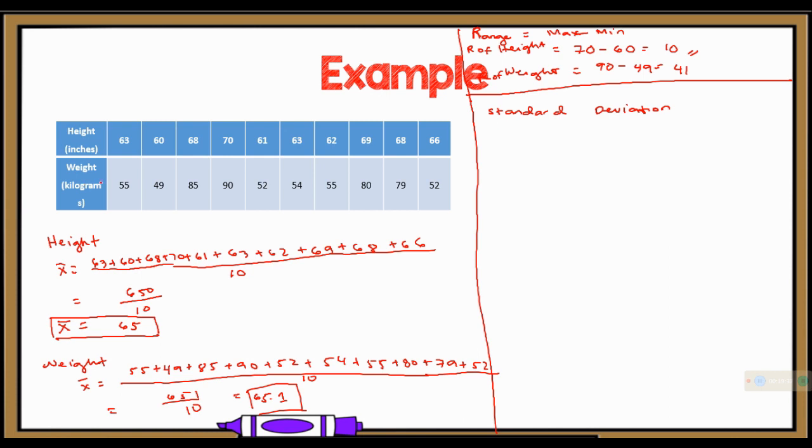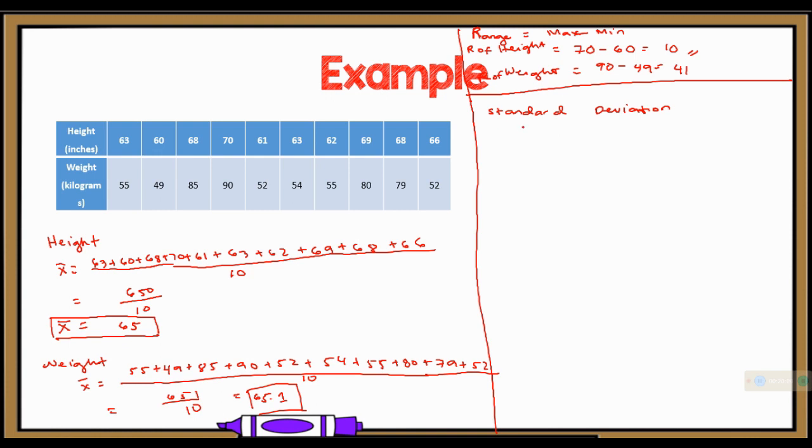But for the weight, if you will take notice, sobrang laki nung difference, 41 between the highest and the lowest. So, parang may outlier dito. May sobrang mabigat, tapos meron ding sobrang magaan. So, hindi normal yung distribution natin. If you have an outlier, sabi nga natin kanina, since the range is very sensitive to outliers, you will opt with another measure of dispersion.